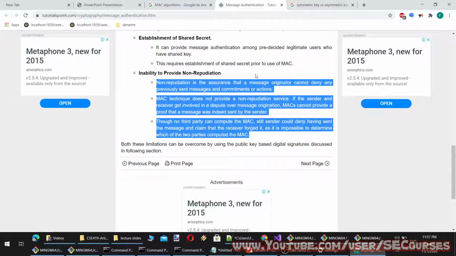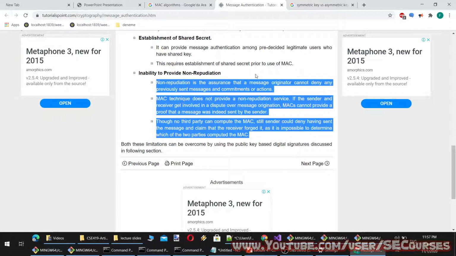Okay, so what is non-repudiation? The problem here is that the receiver can also compute a valid MAC, because both receiver and sender have the same key. So the receiver can forge a perfectly valid message and MAC and claim that it was sent by the sender.